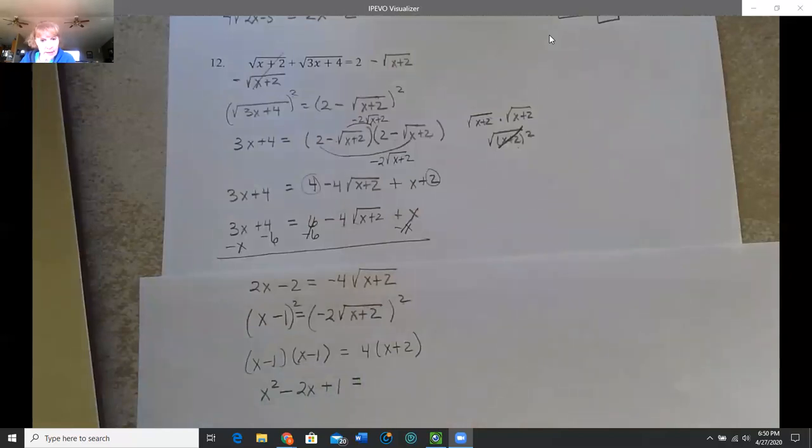Over on the right-hand side, I'm going to take my 4 times everything. So now our next step is to set it equal to 0 because I have that squared.